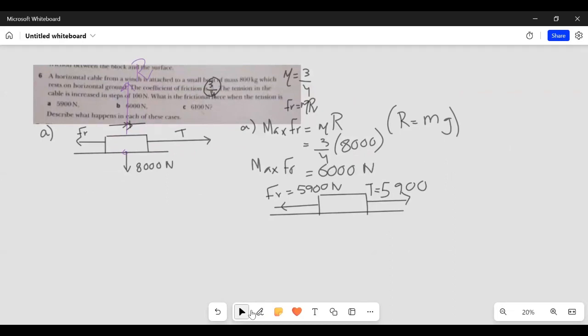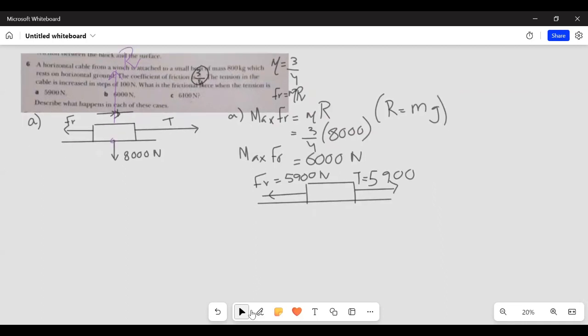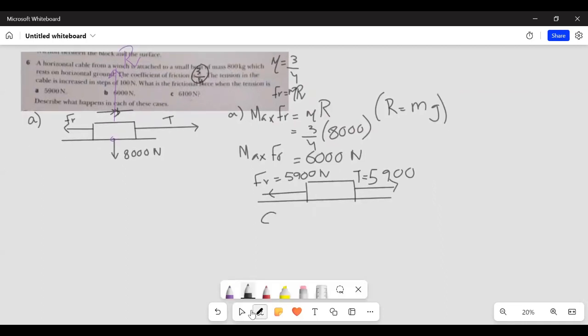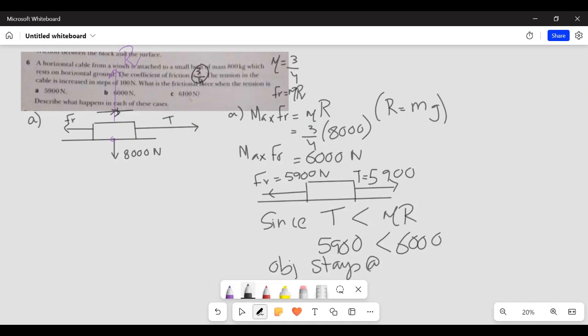So the friction will not let you move the object. Since T is less than mu r, the limiting equilibrium friction, 5900 is less than 6,000. Object stays at rest, क्योंकि फ्रिक्शन भी अपनी वैल्यू 5900 न्यूटन्स ले लेती.